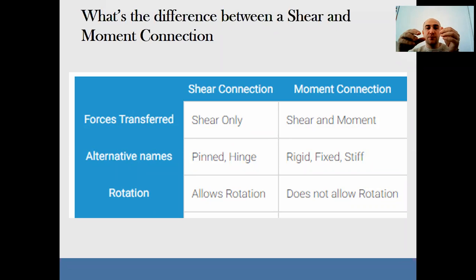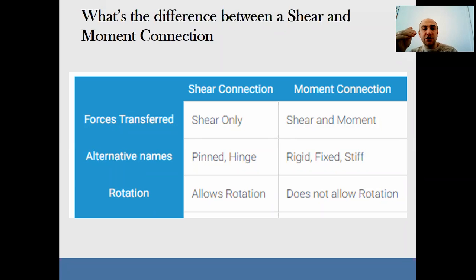Think of it this way: a shear connection will allow rotation, but a moment connection will not. Shear connections are more common than moment connections as they are far cheaper and easier to design.